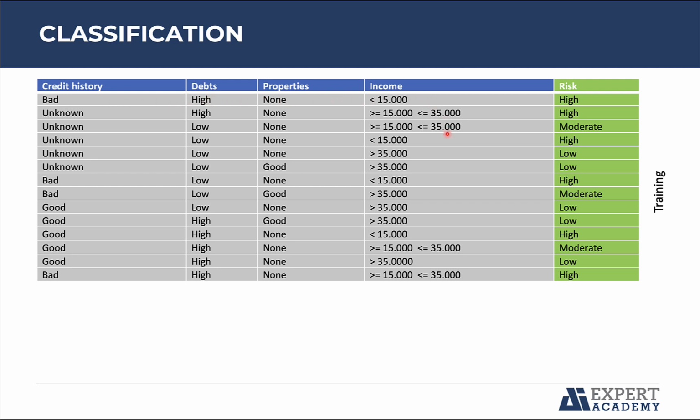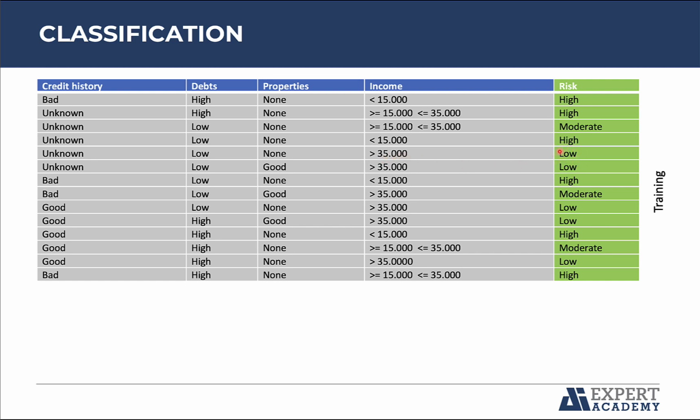We can consider this other: credit history unknown, debts low, properties none, and the annual income greater than 35. This is the data of a real customer of the bank, and the risk was low.